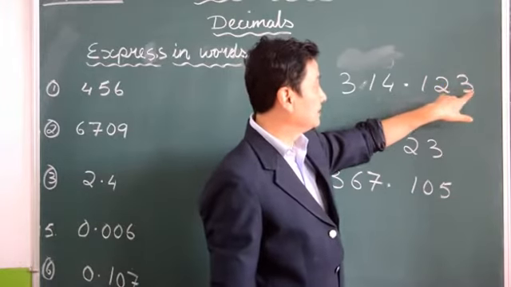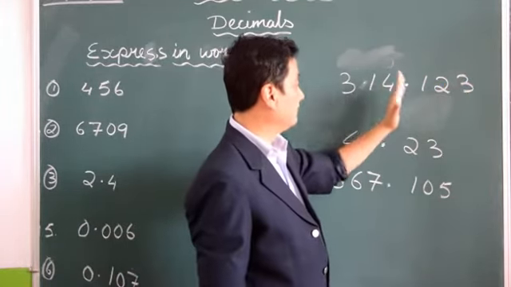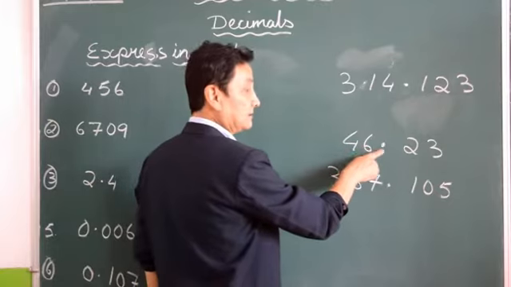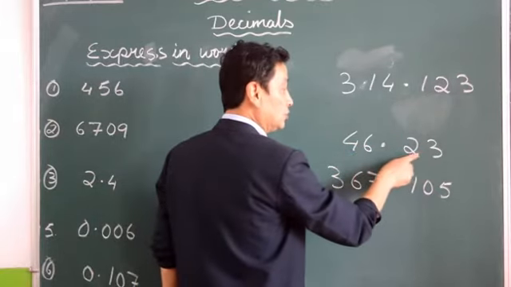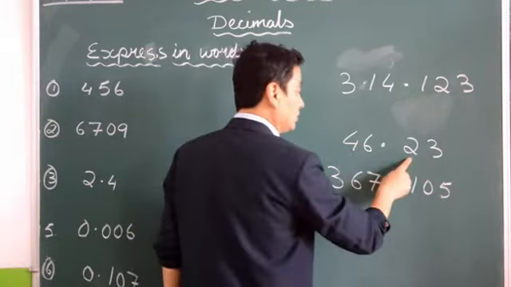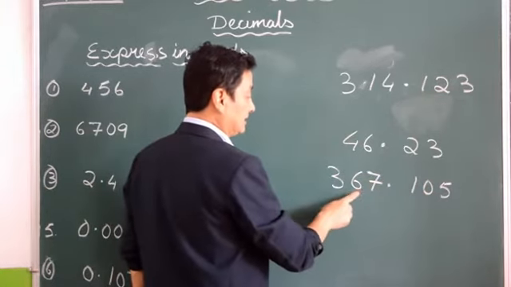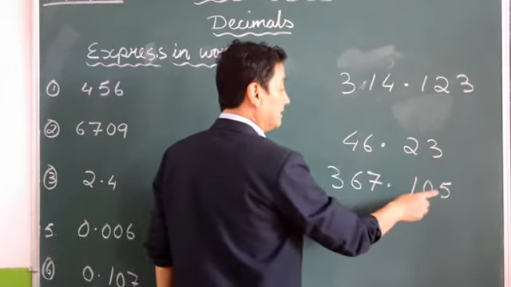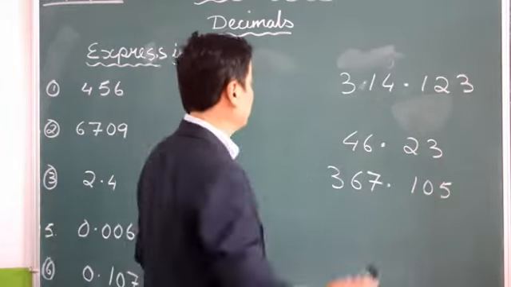What number do you see? 3. So 314.123. Otherwise, if you read 123, both sides would look the same. So there is a difference. After the decimal point, you read the numbers as you see them. 46.23, not 23, 23. 367.105.